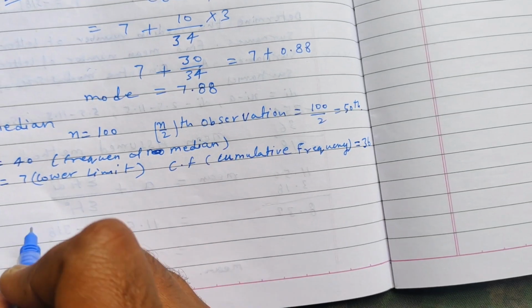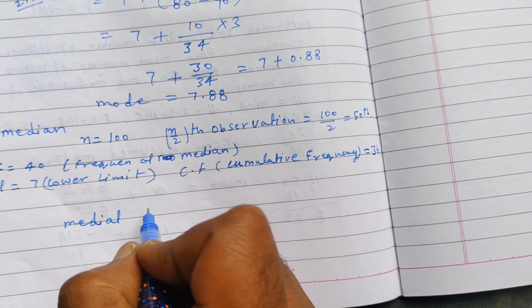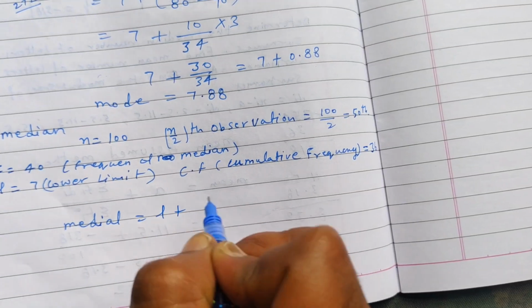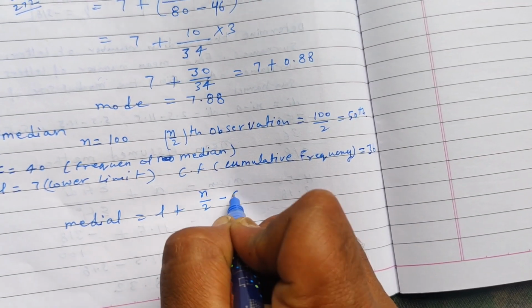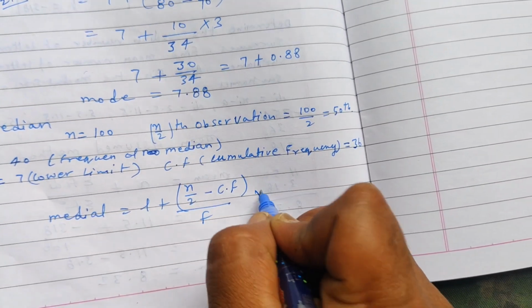So the median is L plus n by 2 minus CF upon f, into h.